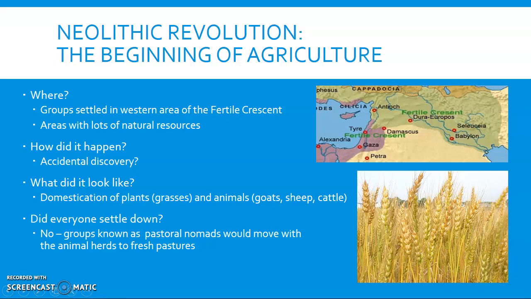So let's start with where. If you look at this map up here, you're going to see in the green here, it's labeled Fertile Crescent. It's kind of around these couple of rivers here, the Euphrates and the Tigris rivers. And Mesopotamia gets used to describe the area between them. This whole green area gets known as the Fertile Crescent. If something's fertile, it can grow really well.